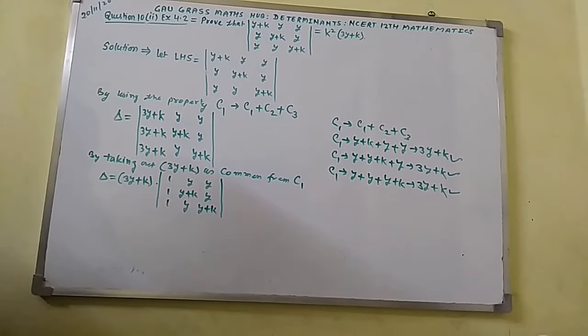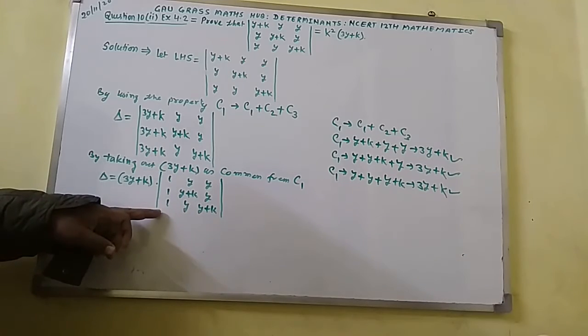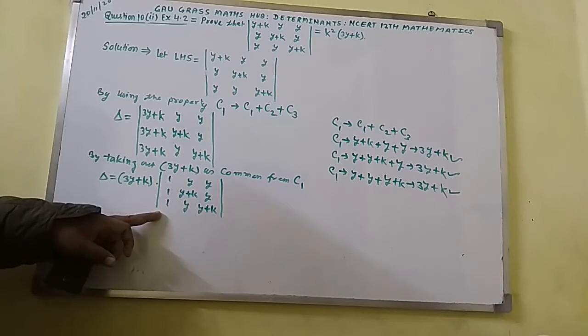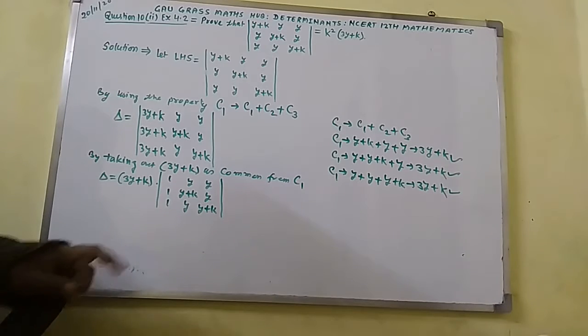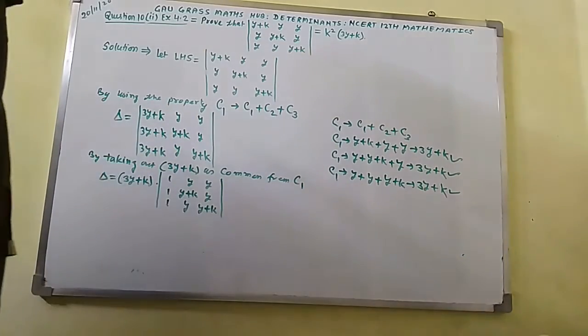Now here you can see in the first column all elements are the same, that is 1. And here y is there. I shall use the property. Let us see what property I am going to use here.